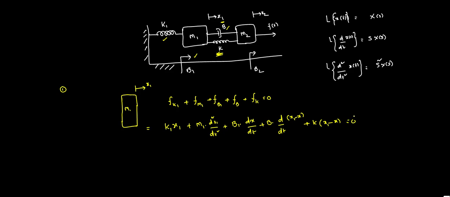So this is in the form of a differential equation. Now we can solve this differential equation by applying the Laplace transform. So how do we apply the Laplace transform?